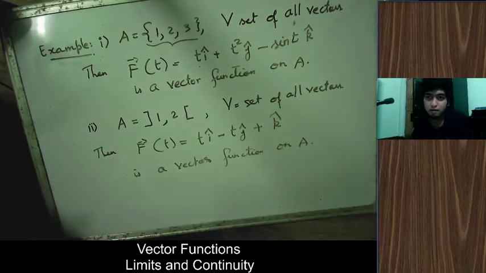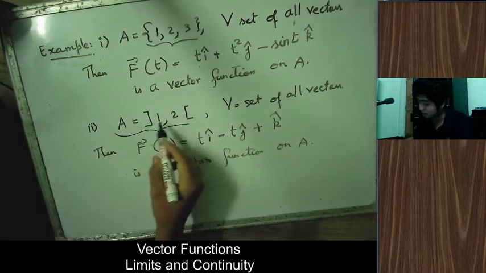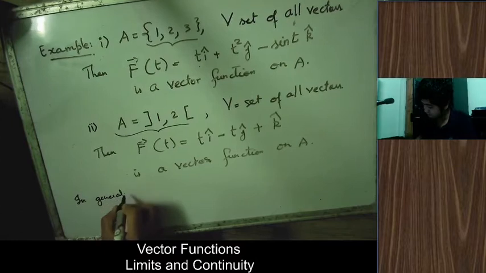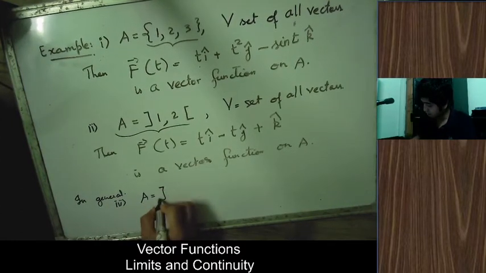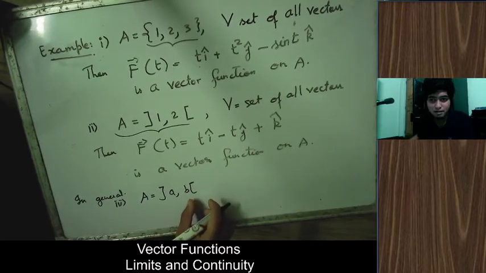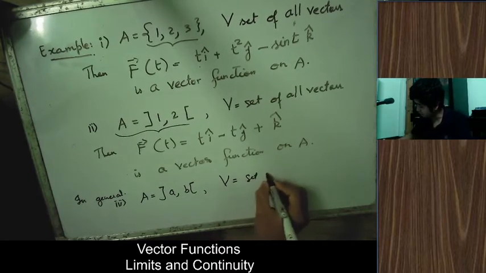So from now onwards, when we are discussing vector functions, we will be using open intervals like this, but instead of (1, 2) we can have in general, example 3, A equals (a, b), where a is any real number and b is again any real number, and V equals the set of all vectors.